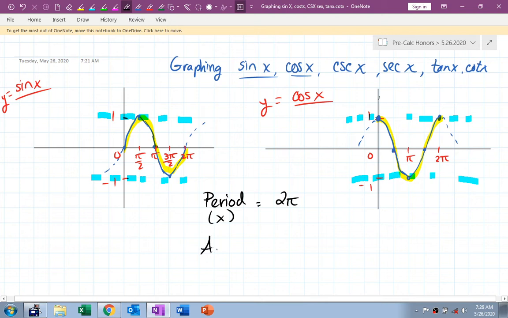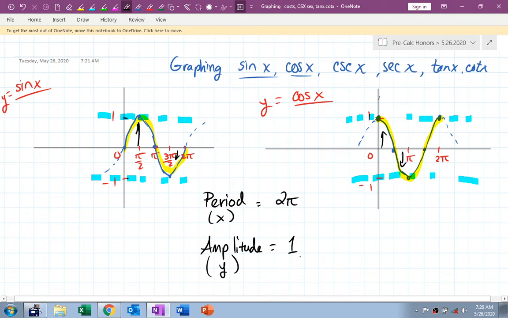The amplitude, I just usually abbreviate amp, but we can write amplitude. That's related to the y-axis. With the highest and the lowest number, it's just 1. It's always based off the x-axis. How high are you going? How far away are we going? We're going up 1. We're going down 1. So it's just 1.